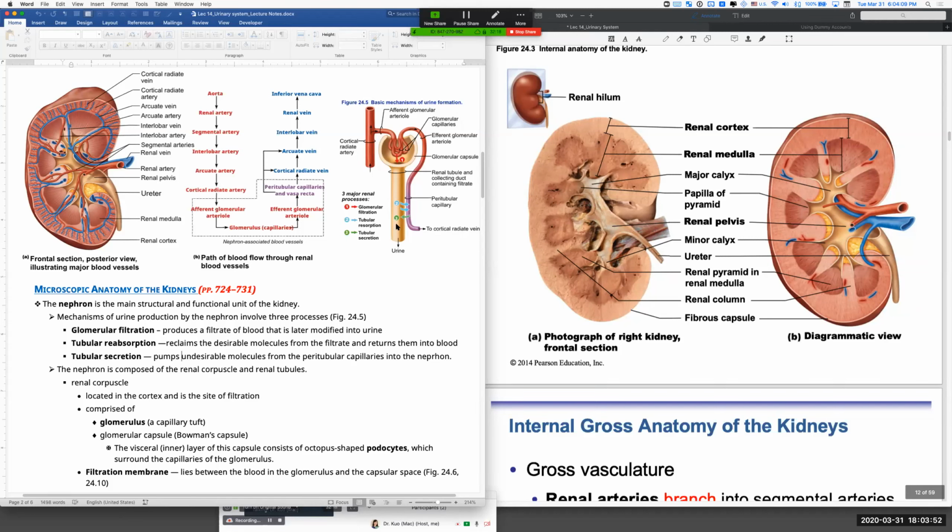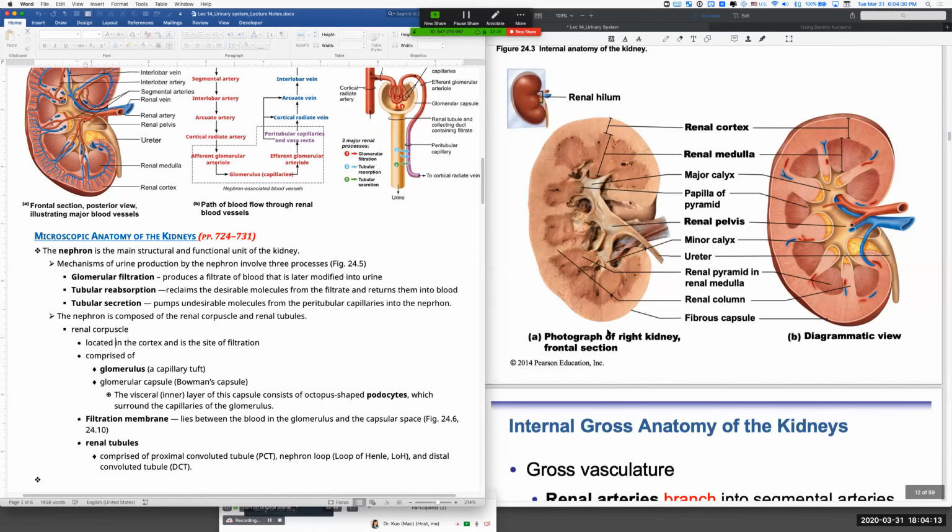That's why as long as it's before the end of these renal tubules, we still call this content a filtrate. We don't call it urine. By the time it's exiting out of the collecting duct, that's when we start calling this urine.